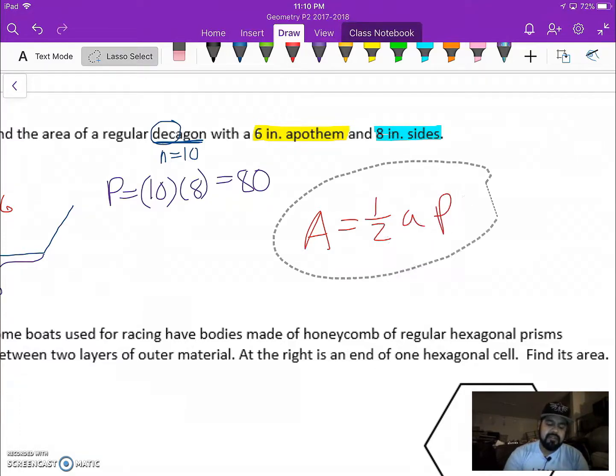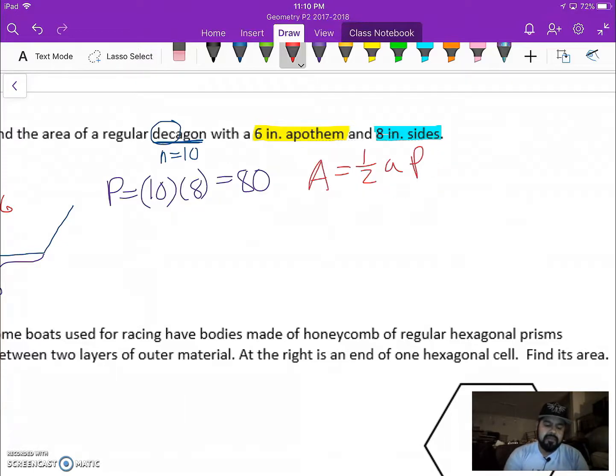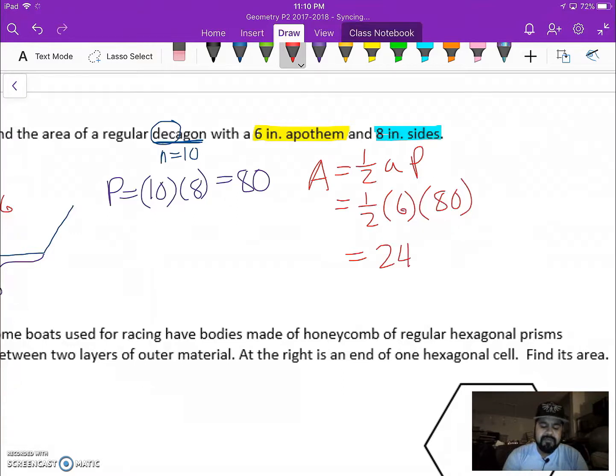I'm going to move that over here, give me a little more room. Well, we're going to take 1/2 of our apothem, which was 6, times our perimeter, which was 80. So plug and chug, you should get 240. Now again, going back to the units, they're in inches. And since I'm finding area, we're looking at inches squared.